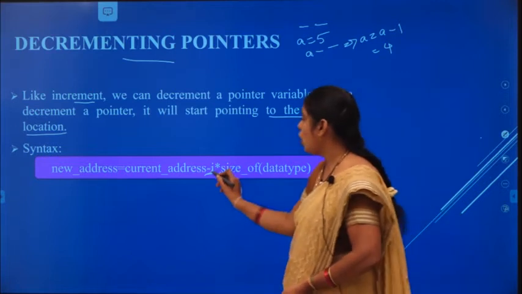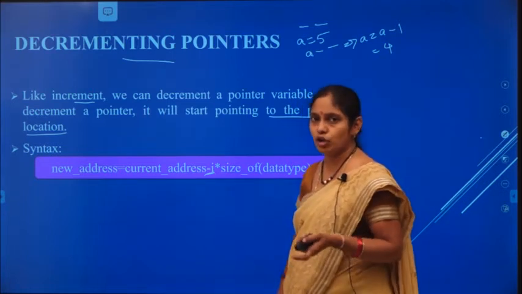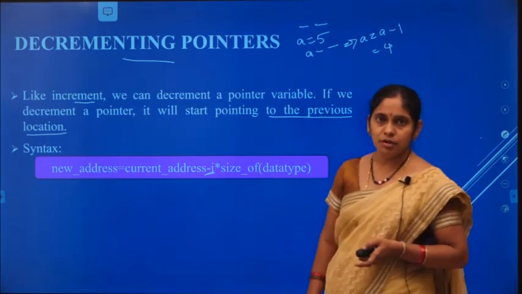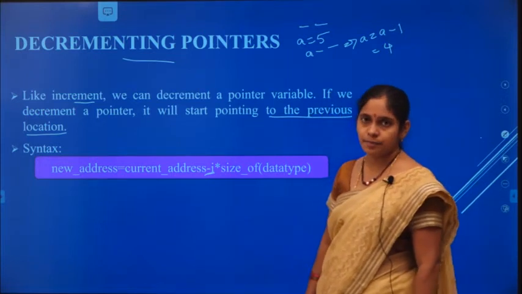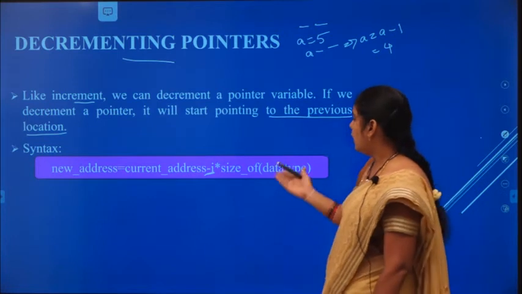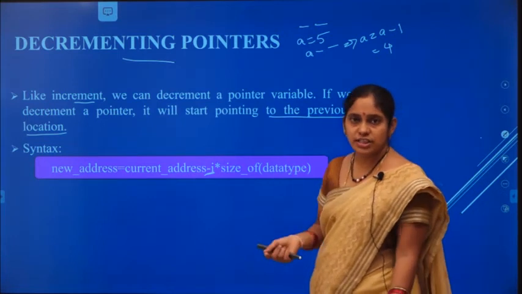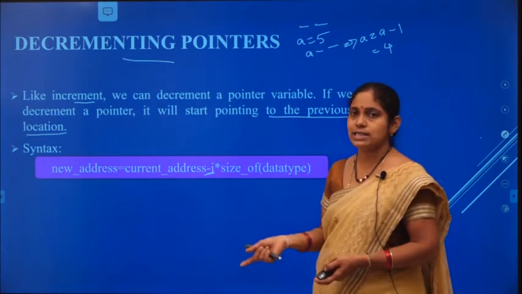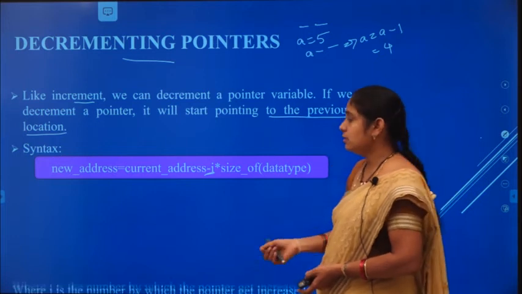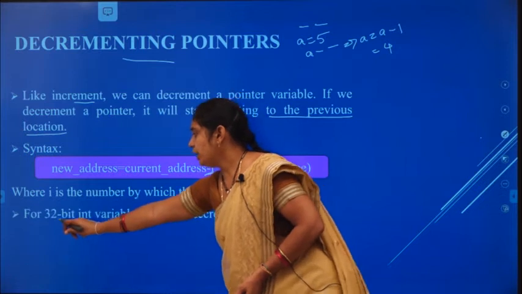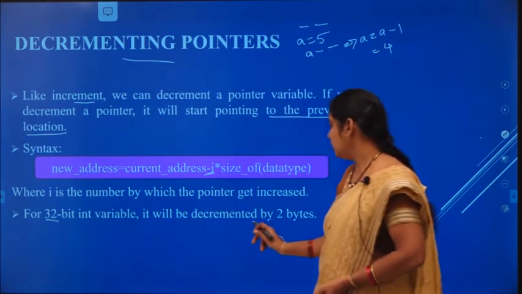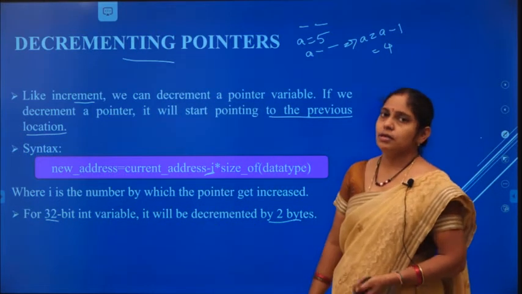What is i? How many times you want to perform the decrement operation on it? Is it one time, or twice, or thrice? That we need to represent as i. And it is based on the data type, whether it is integer, float, void or something else. As before, for 32-bit the size of integer is considered as 2 bytes.